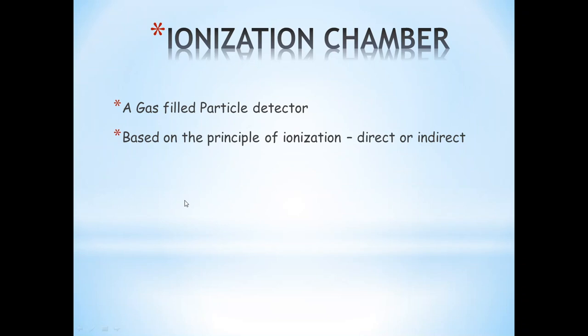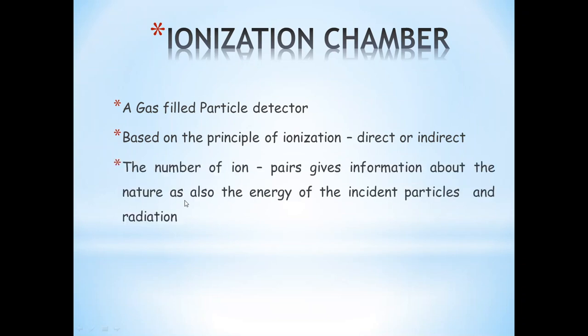So basically, an ionization chamber is based on the principle of ionization produced in the gas when a particle is incident in the detector. The number of electron-ion pairs produced gives information about the nature as well as the energy of the incident particles and radiations.